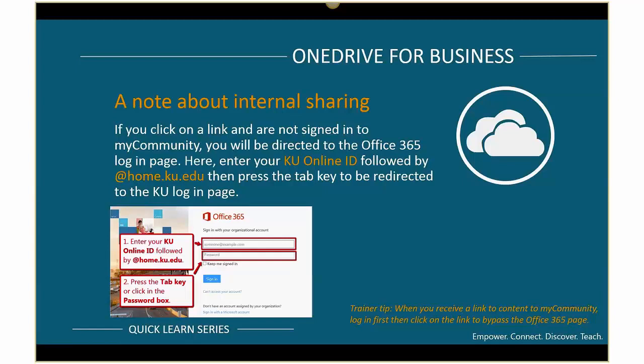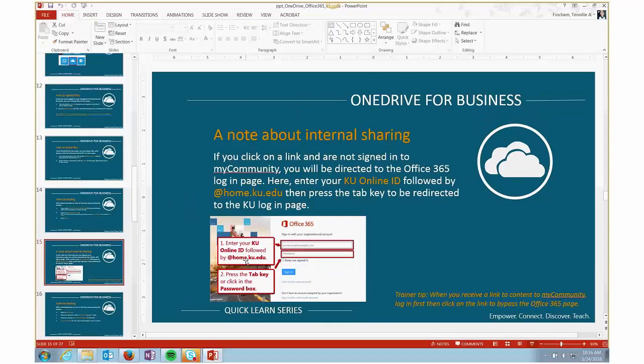You can log in here, but you have to remember to enter your KU Online ID followed by @home.ku.edu. So in that case, what I usually do is tell people to log into my community first and then click on any shared links, and that way they don't have to remember the @home.ku.edu. So I like to send that in my messages when I share files from within the service.